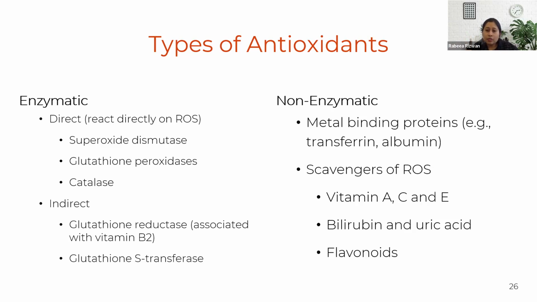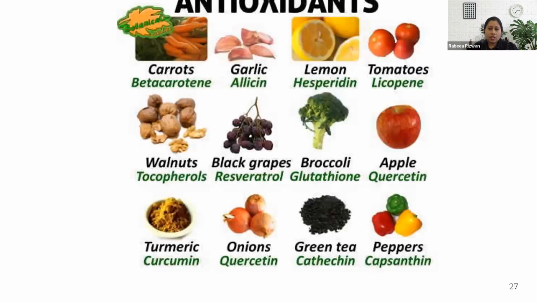Then bilirubin, uric acid produced in our body, and flavonoids. Flavonoids particularly we take from external sources, of plant origin, like green leafy vegetables. Then vitamins A, C, and E. They are also antioxidants. Examples of these external sources are tomatoes and lemon. Lemon contains vitamin C. Its chemical name is ascorbic acid.